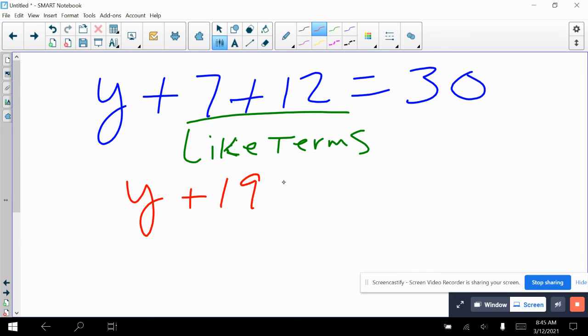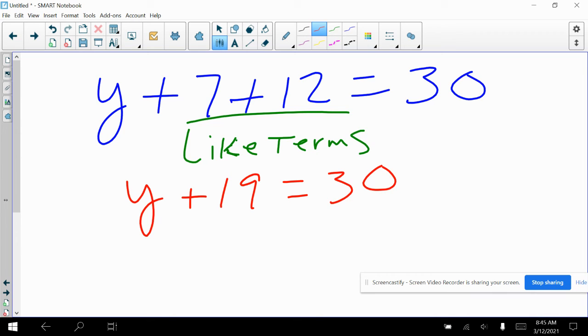Okay, so now we have to do one step before we get our equation here. There's so many different ways that we can present an equation before you even begin solving it. It's kind of ridiculous. But you've got to recognize what you need to do to put it into equation form.